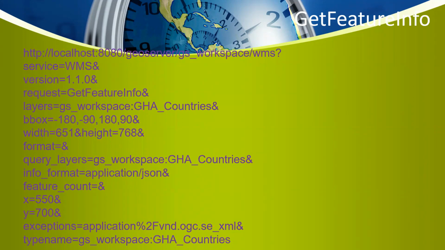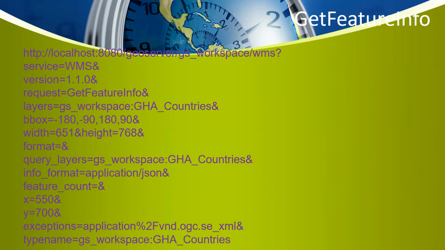Then we have the X and the Y. Remember, we said they are the ordinates or the coordinates for your area. One thing you will notice is that the X and the Y are within the values of the width and the height, isn't it? They are somewhere below. We have the X as 550, and the X is either the left or the right.